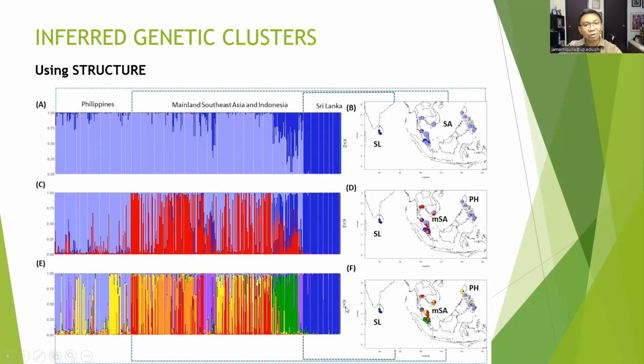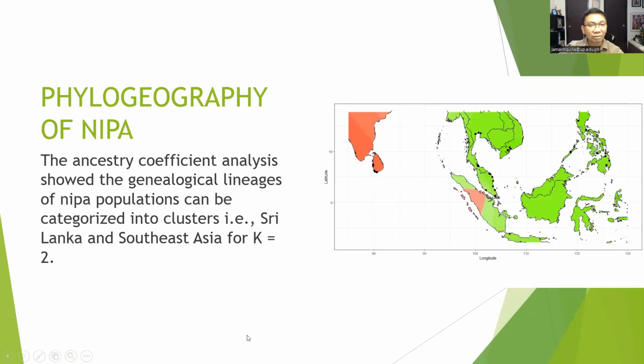And if K is equal to 7, the Southeast Asian populations are clustered into 6 groups, particularly the Malay Peninsula, which is pretty admixed, and we consider it a melting pot.